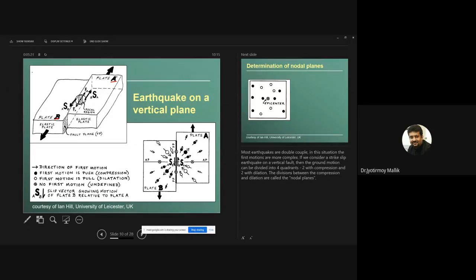Now, say for example, think that I have rocks here. This is not empty. If this strike slip motion is in place, this part of the rock will be pushed by these rocks, and here I will observe compression.